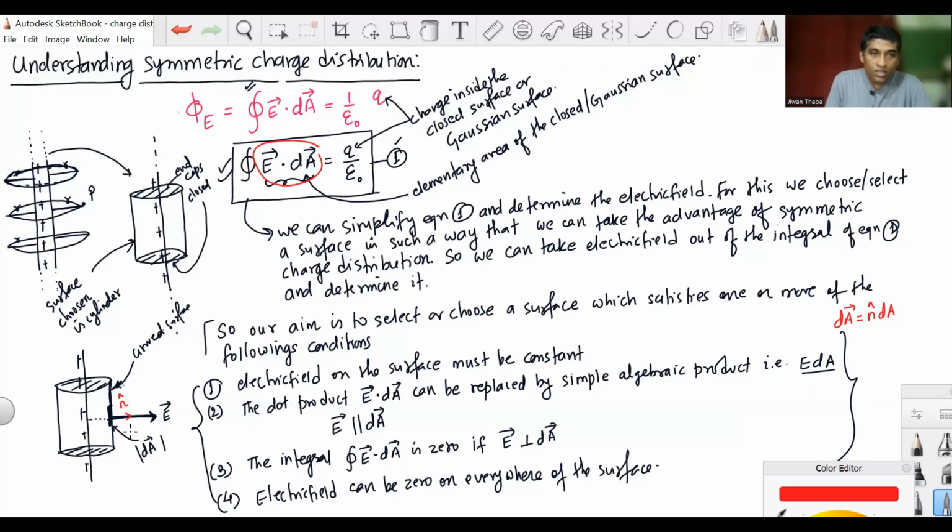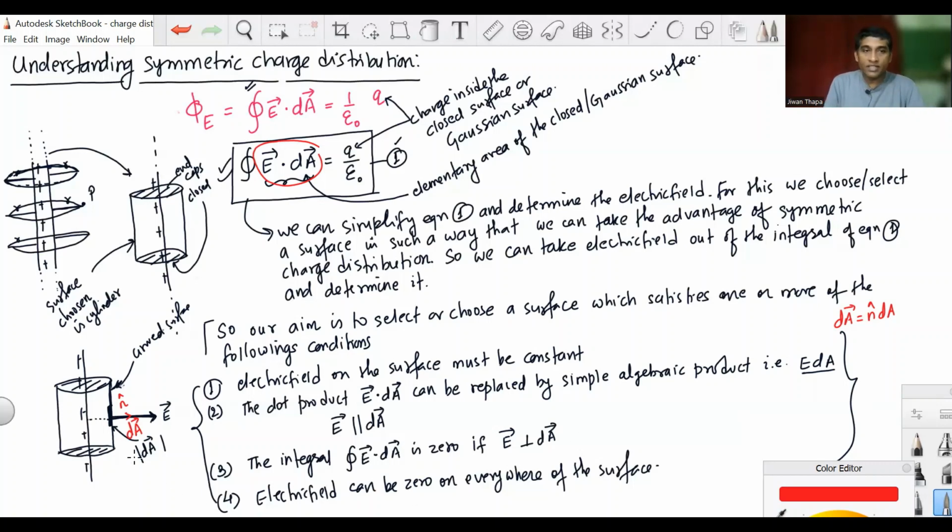So the area of this elementary surface is vector dA, and vector dA and electric field are acting along the same direction.